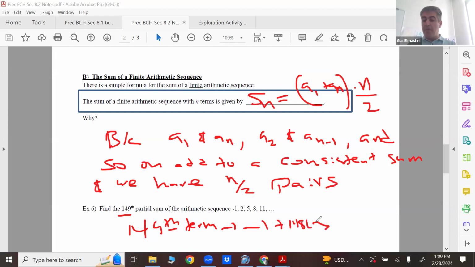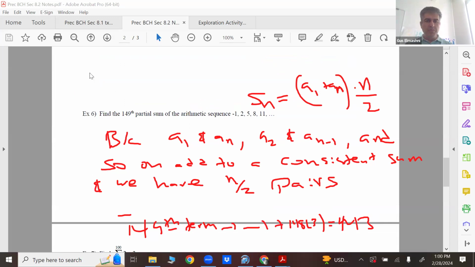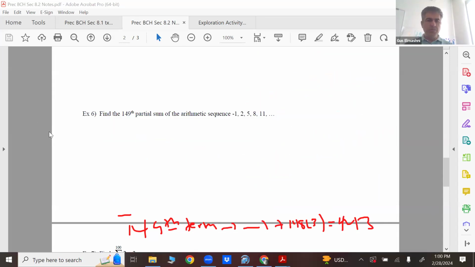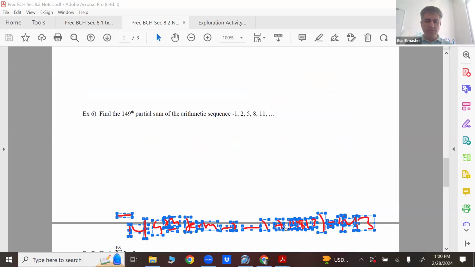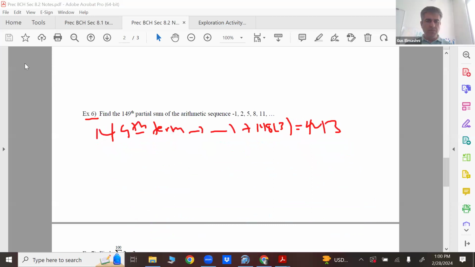I will give you a calculator, by the way, because I think it's fair. Maybe a 4-function calculator. -1 plus 148 times 3. You get 443. So guys, quiet, please.